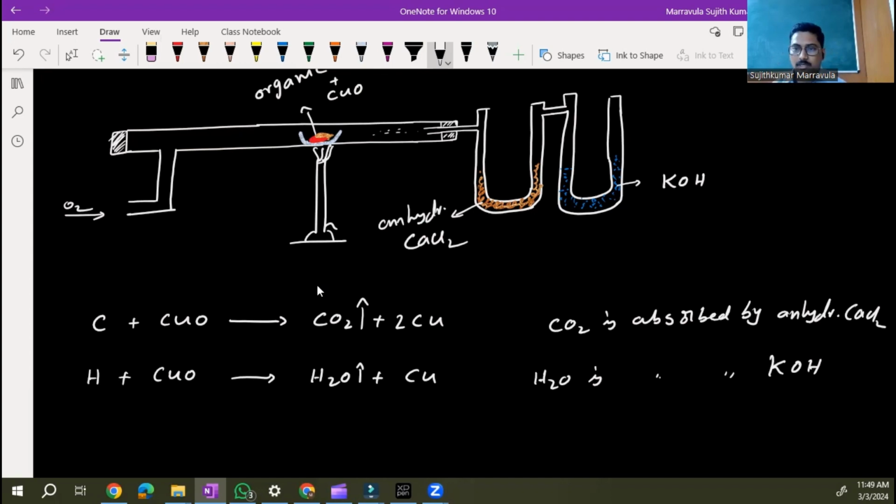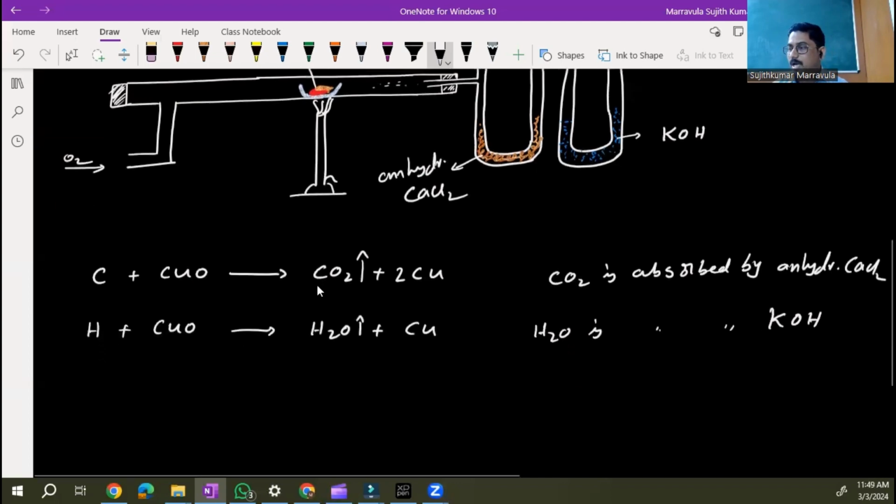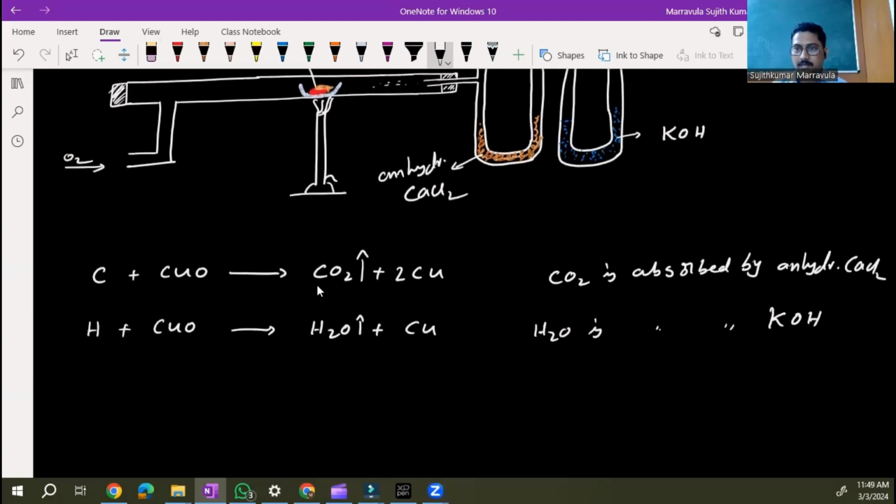By knowing the weights of these, we can estimate the amount of carbon as well as the percentage of carbon. We take the tubes out, but before that we calculate the known weight of calcium chloride and the known weight of KOH, and afterwards we weigh them. By using that, we get the amount of CO2 formed and the amount of H2O formed.